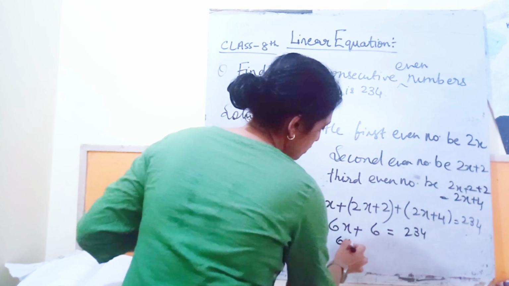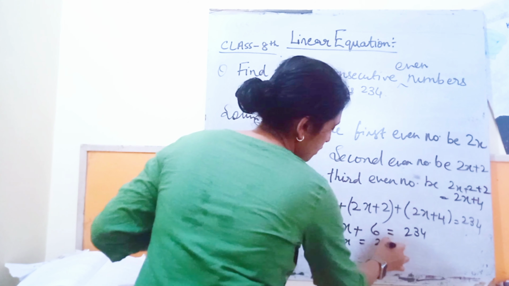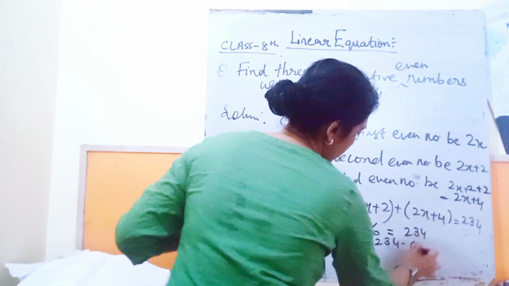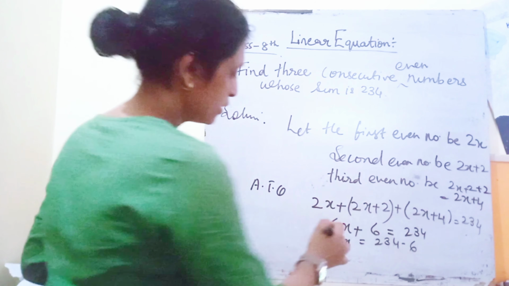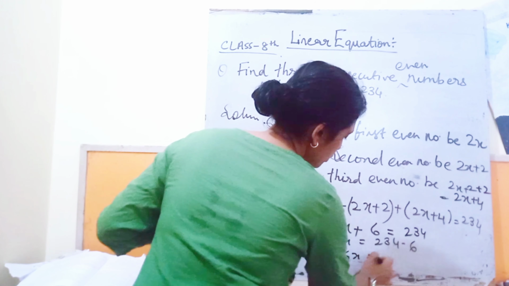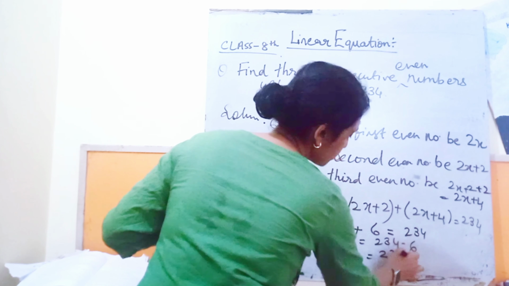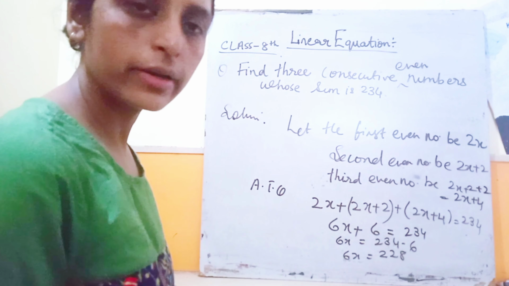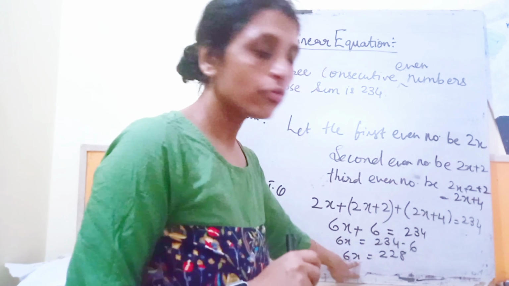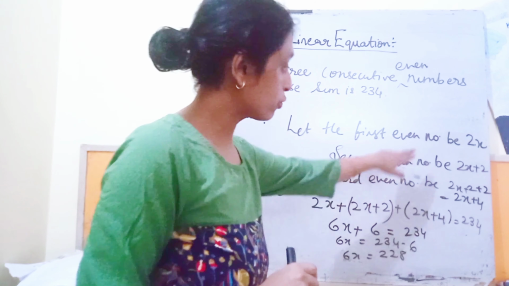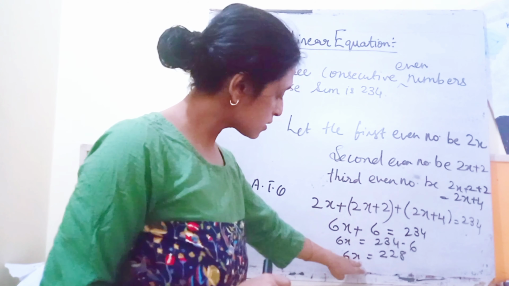Now plus 6 will go this side. 234 minus 6, it will be 228. Now we have to find the value of x first in order to get these even numbers. So 6 is multiplied here.